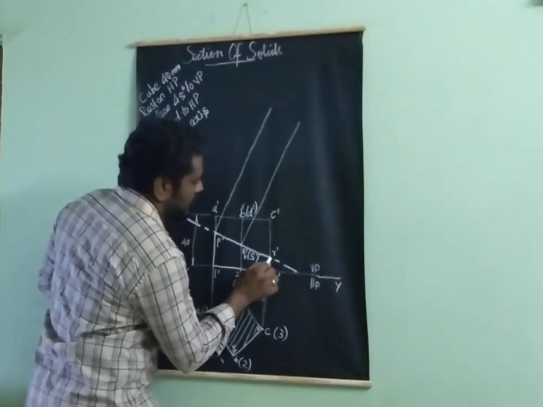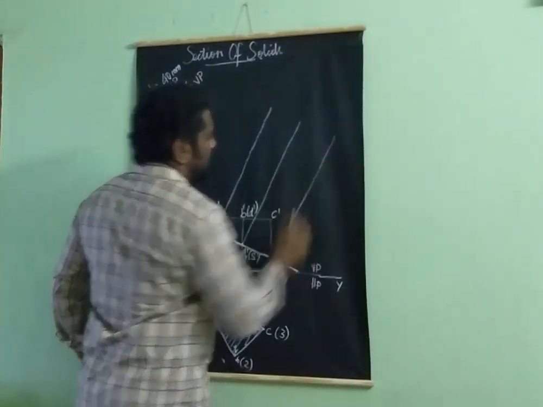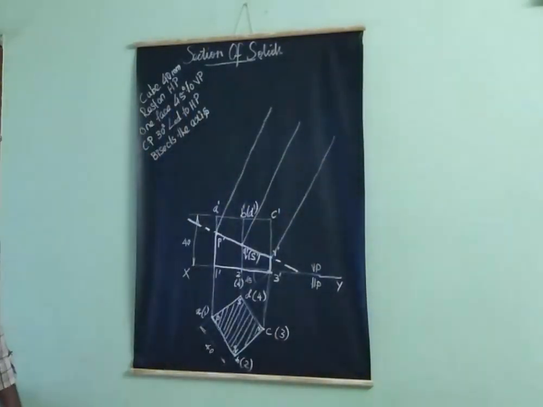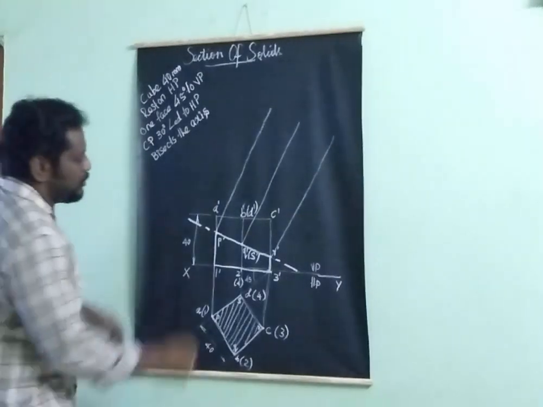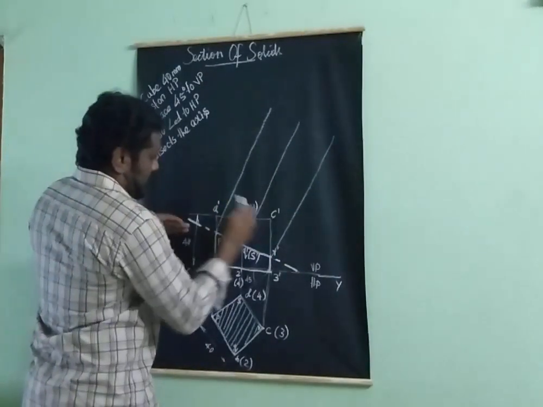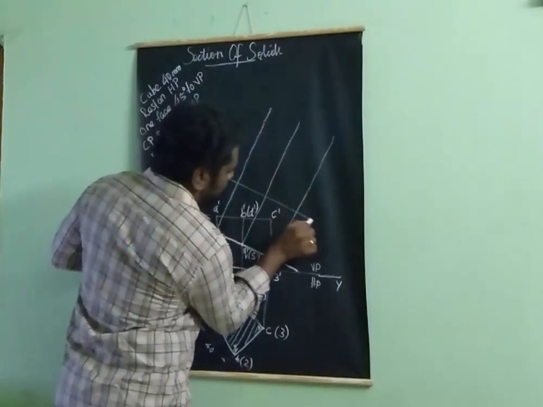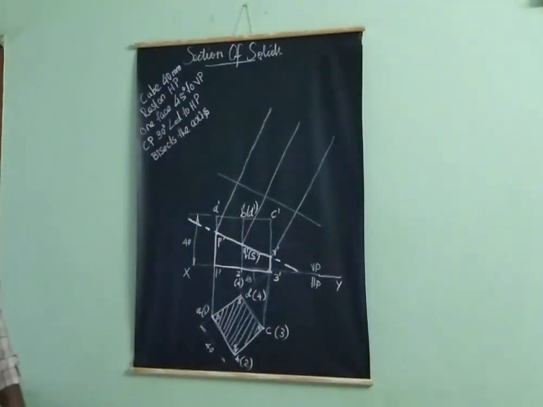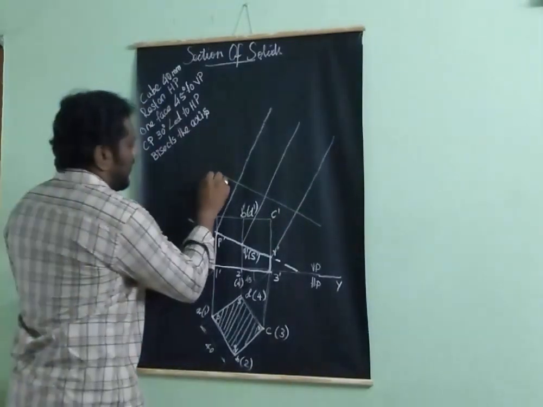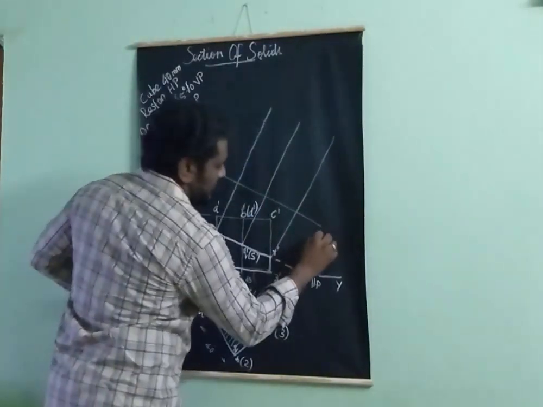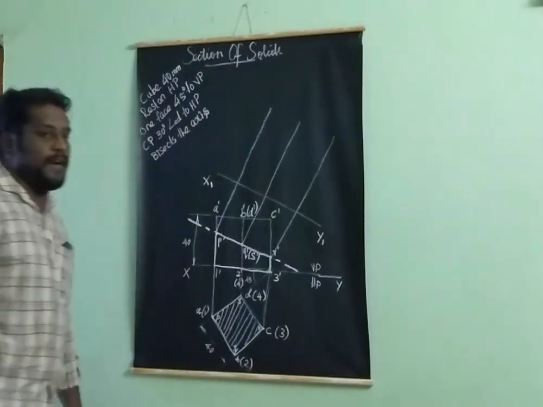From point R, draw a perpendicular line. And then you have to draw a line parallel to this cutting plane somewhere outside the solid. So here I am drawing it. This is called the auxiliary XY line. So this is X1, Y1.